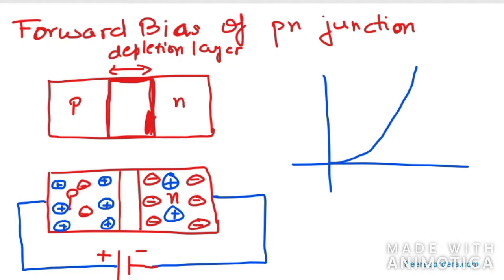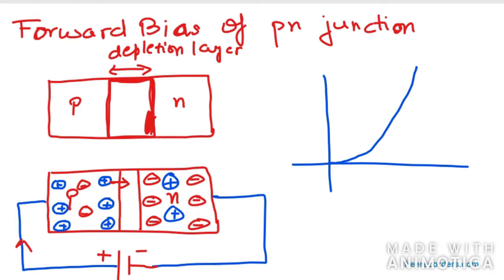While we are providing the potential difference, as you can see, we have positive holes in the P section. They are repelled by the positive pole of the battery, as it is connected here with the positive pole. That means they will go in this direction.